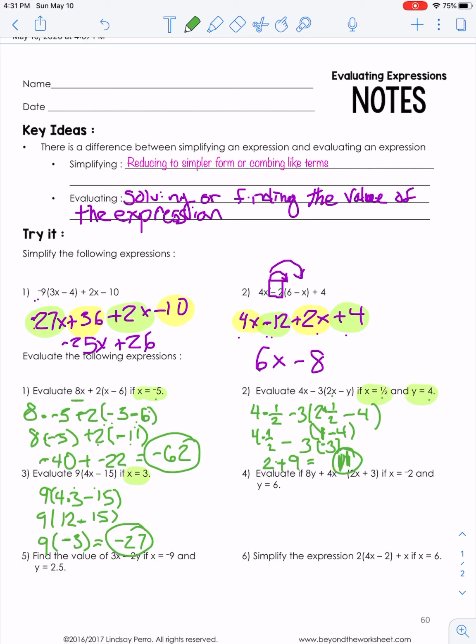So you're going to evaluate 8y plus 4x minus 2(x plus 3), if x equals negative 2 and y equals 6. So you're going to substitute in your x and your y variables.